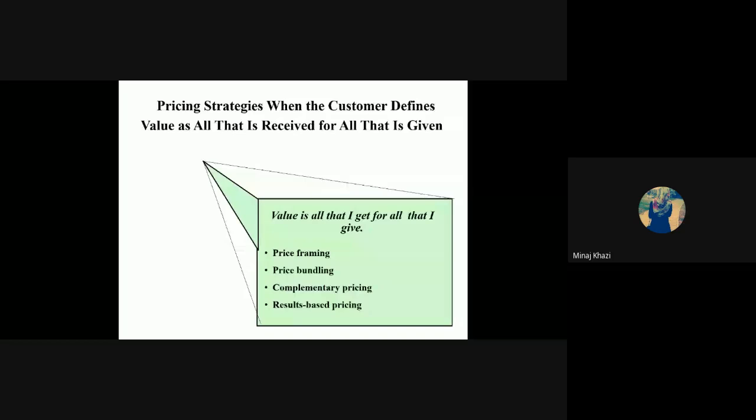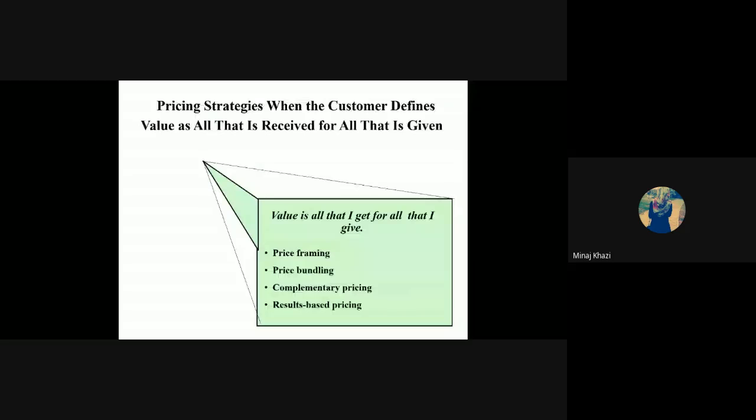It is very difficult for the customers to find out the prices. At that time you say, look at them, they charge so much and I'm charging this much, and I'm providing all these things to you. So that is price framing. You are basically framing your pricing in a certain way in the mindset of the customer.